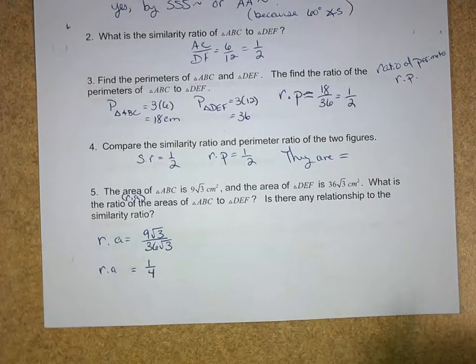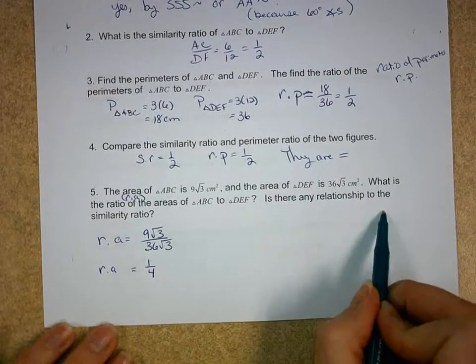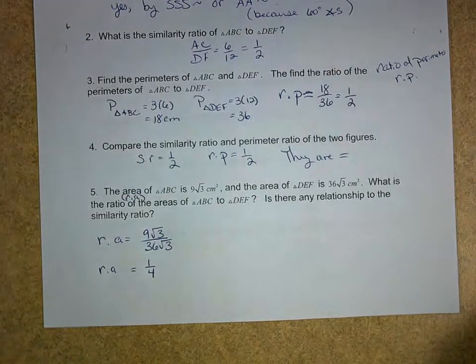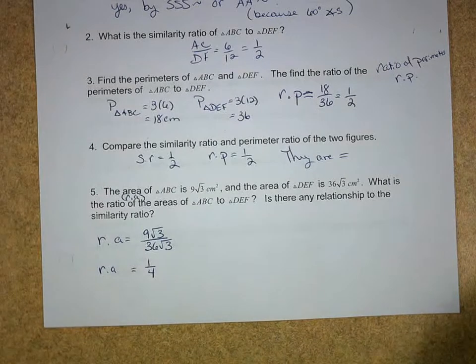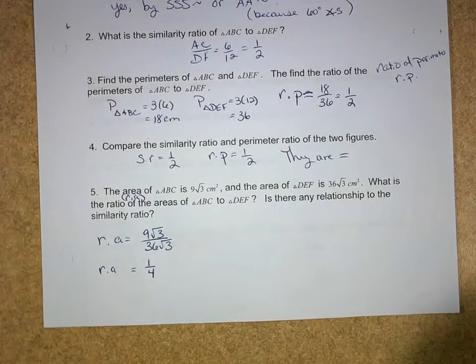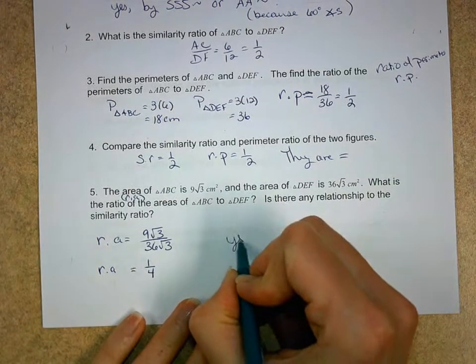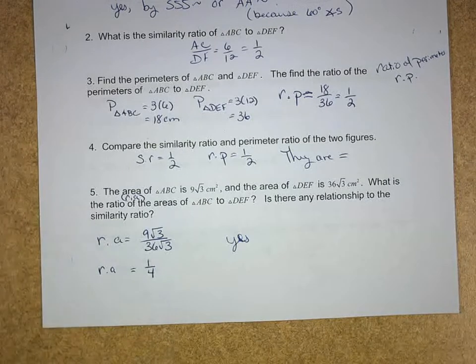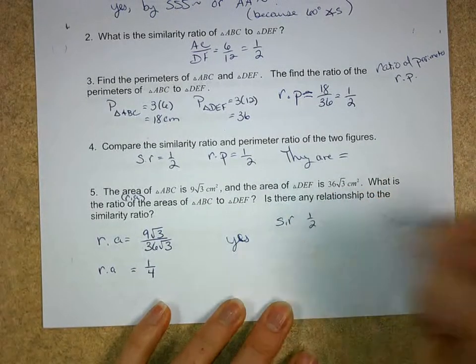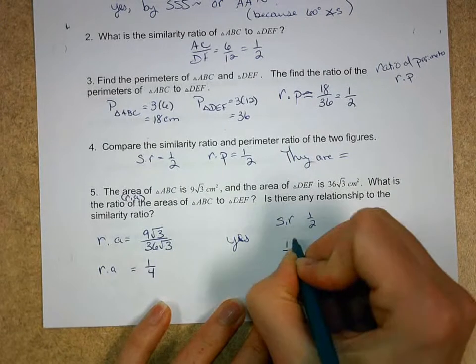Now, is there any relationship to the similarity ratio? Some of you are looking at it and saying no. I want you to look at it harder. Your answer would be yes. Here's what it is. Look at your similarity ratio. It's 1/2, right? What if I do this to it?